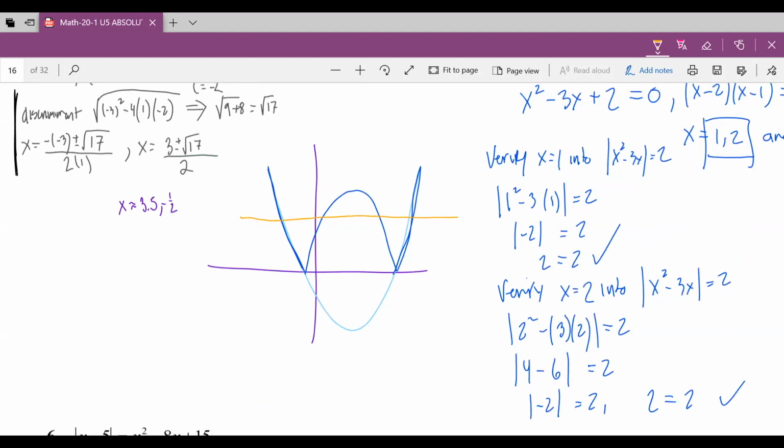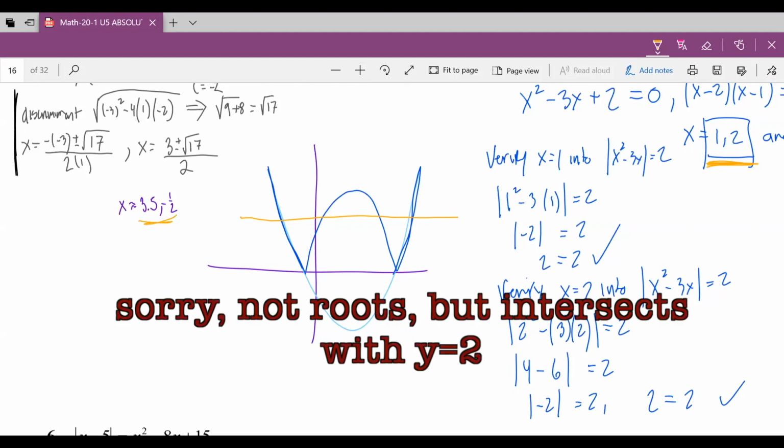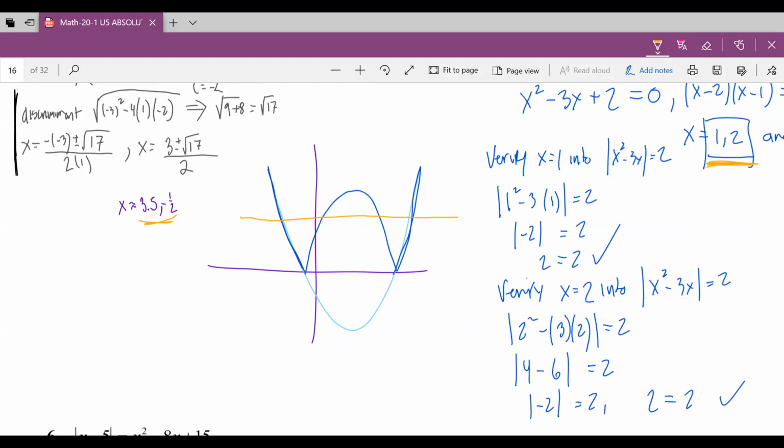So let's see if we can figure out what these roots mean. Over here, we have roots of 1 and 2. And over here, we have roots of 3.5 and negative 1/2. So I'm willing to bet that this is negative 1/2. And this is not to scale, but it's just to illustrate a bit of a graphical way of trying to suss this out.